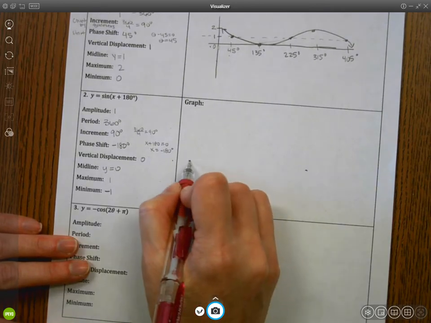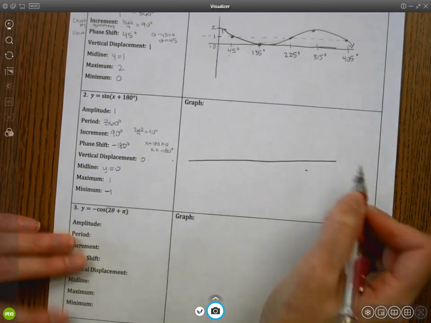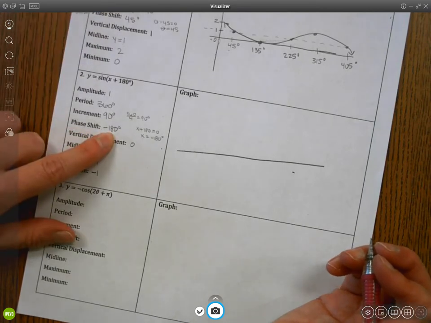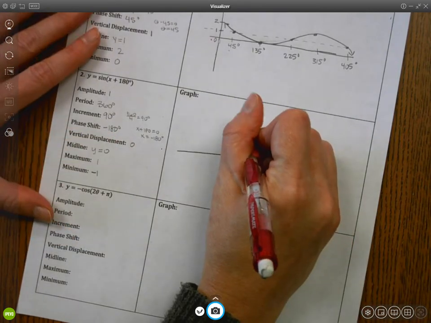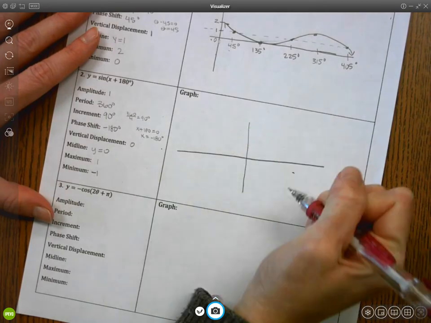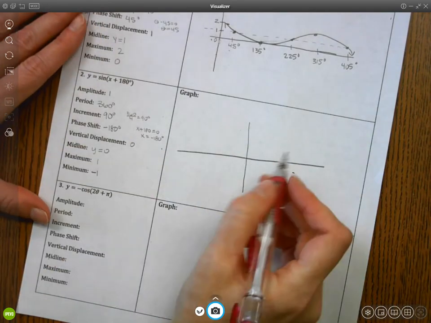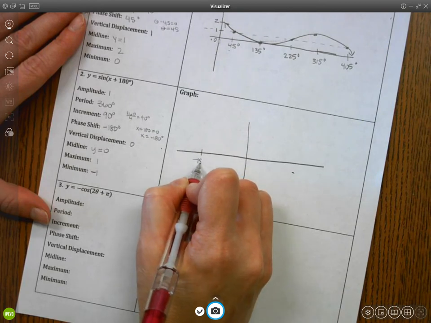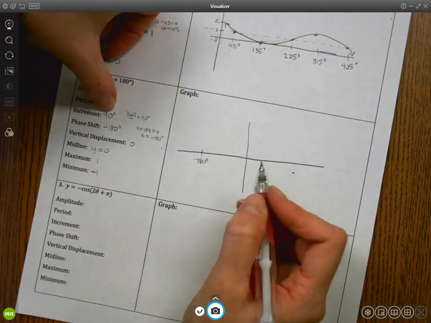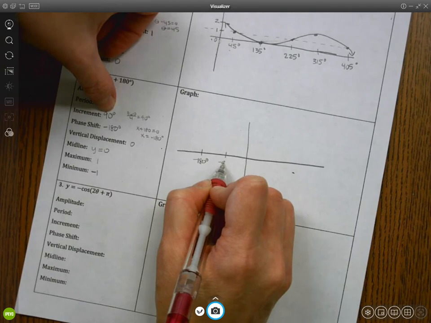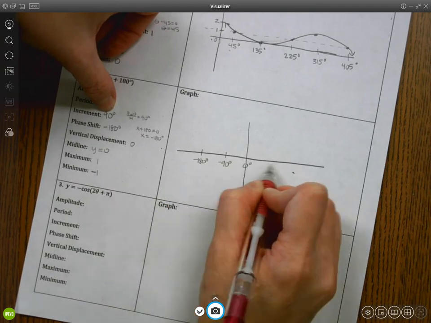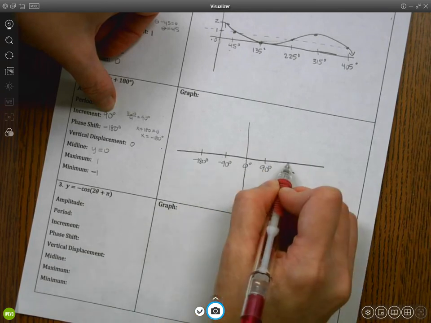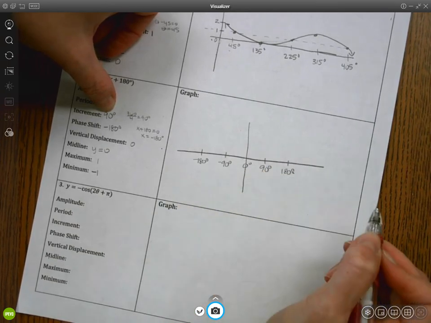We need an x-axis and a y-axis, but our phase shift is back at negative 180, so I'm going to put our y-axis more in the middle. Here's negative 180. We're going to count by 90. So negative 90, 0, 90. I need one more, so 180.